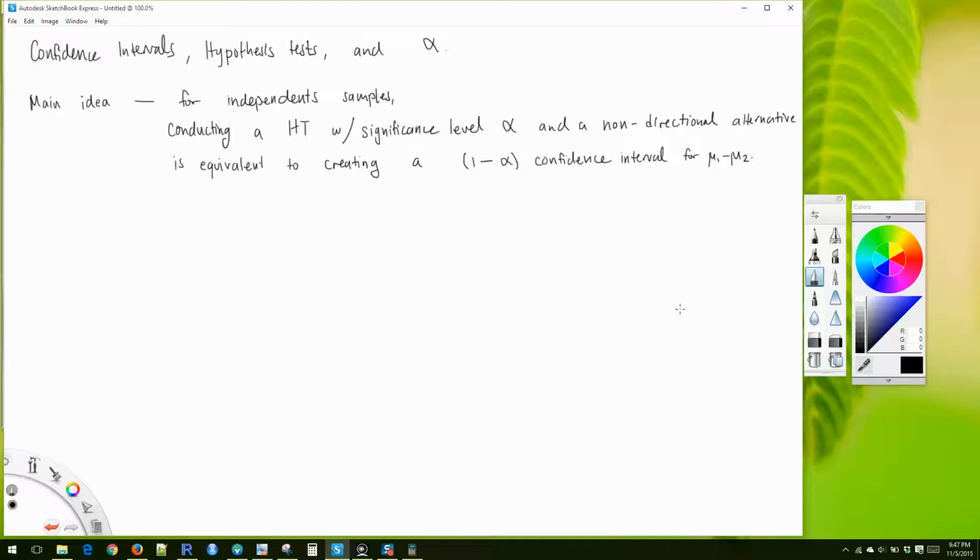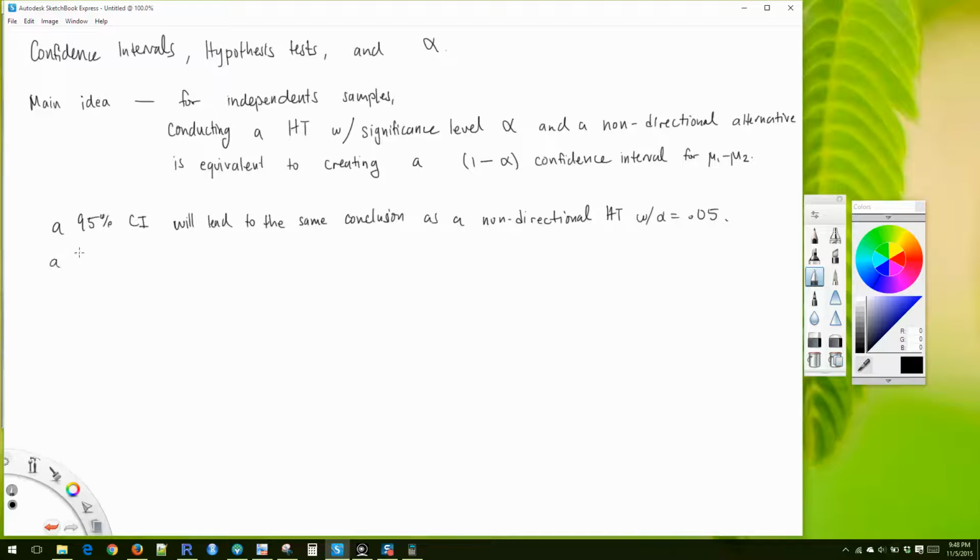So what does that even mean? I'll let you guys write that down. But basically, a 95% confidence interval will lead to the same conclusion as a non-directional hypothesis test with alpha equal to 0.05.